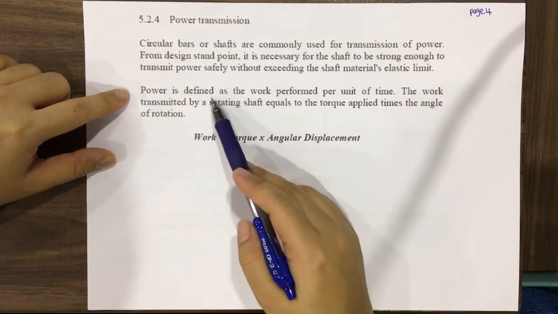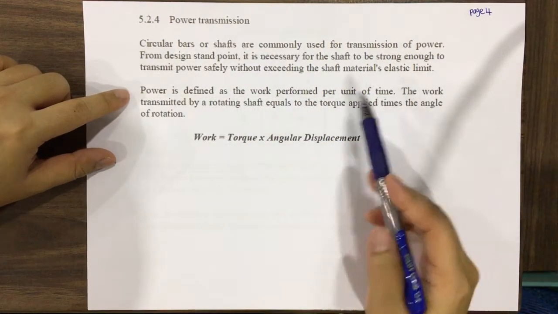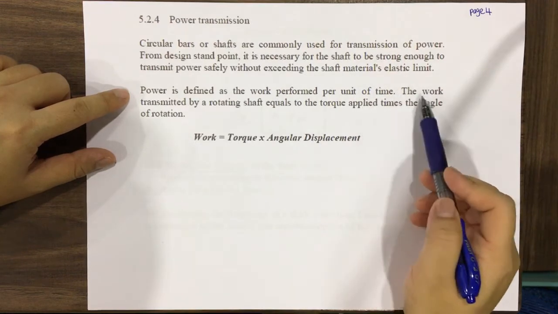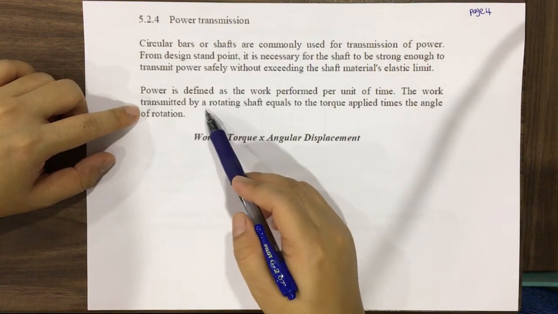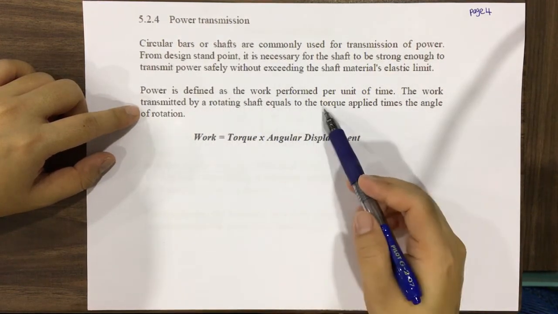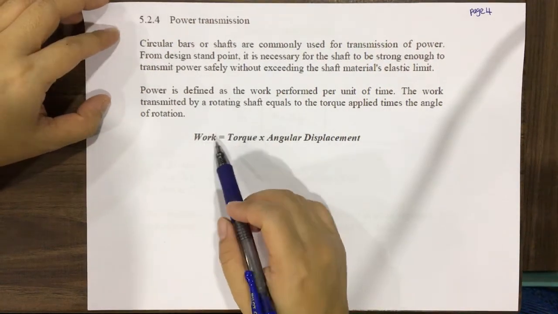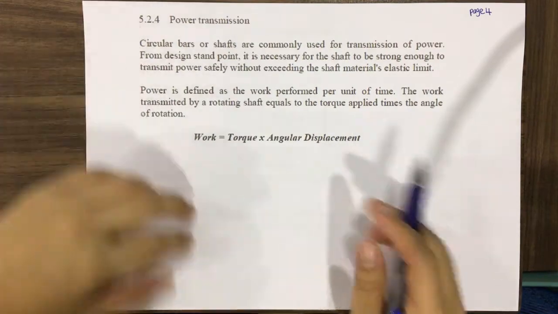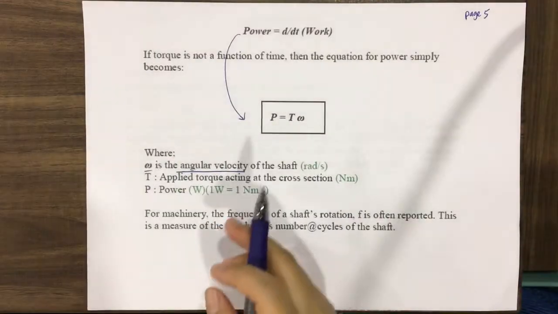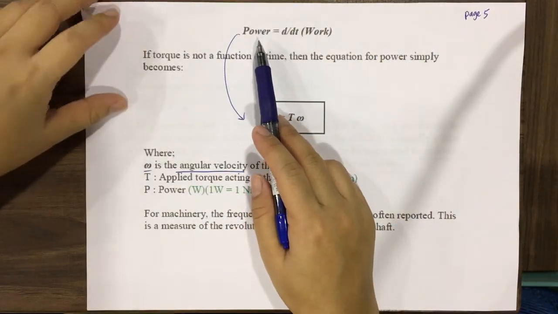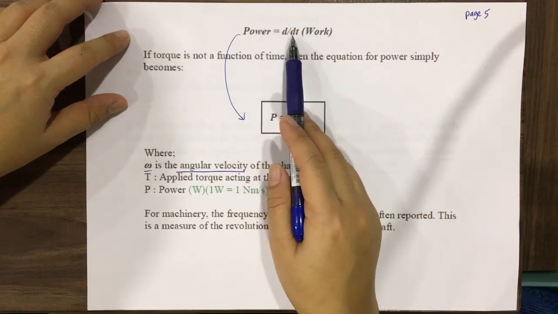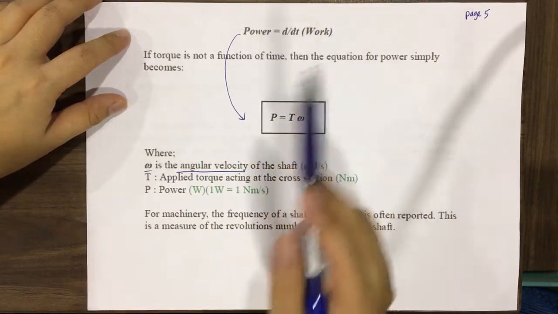Power is defined as the work performed per unit of time. The work transmitted by a rotating shaft equals the torque applied times the angle rotated. So the formula here is work equals torque times angular displacement. Power is equal to d over dt of work.